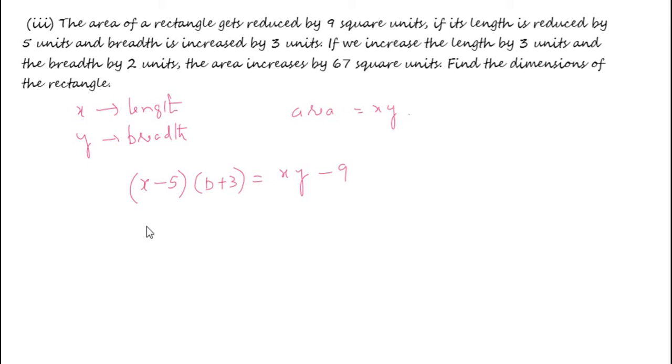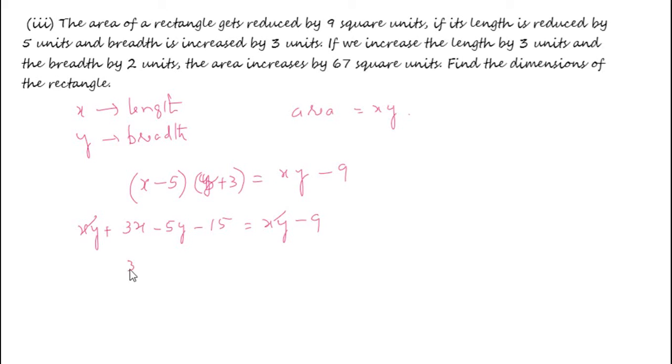So now let us simplify this one. Breadth is y, not b, sorry. So x into y is xy, x into 3 is 3x, minus 5y minus 15 equal to xy minus 9. xy here cancels.